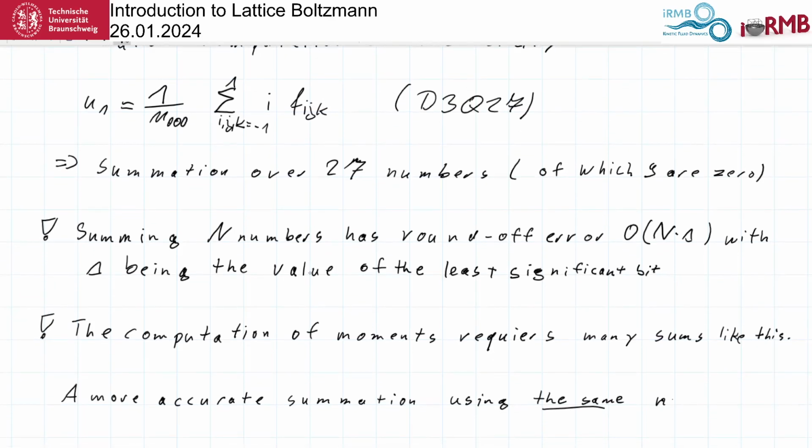There are more clever ways to do it even more accurately, but they need more operations. What I'm using here uses the same number of operations as the naive one. We sometimes call this the cascade, or pairwise summation.